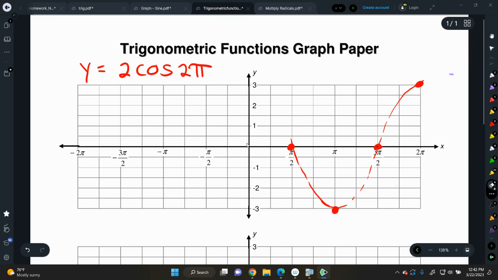I don't know what I just did there. 2 theta, or 2x, whichever one you want to call it. Cosine 2x, right?